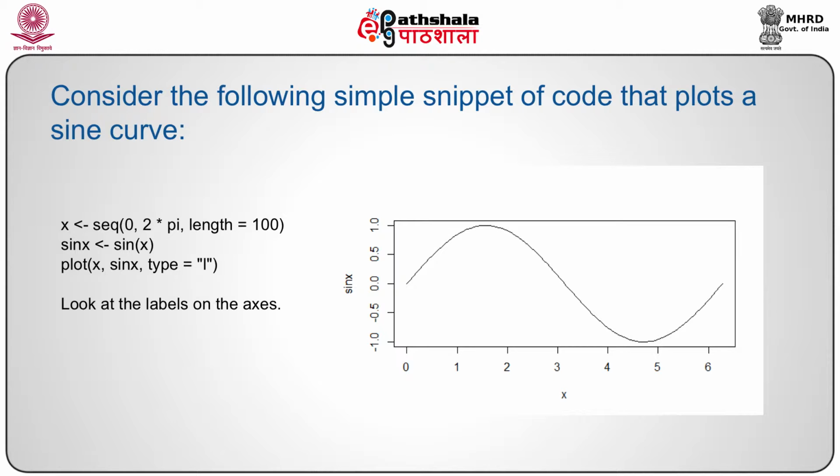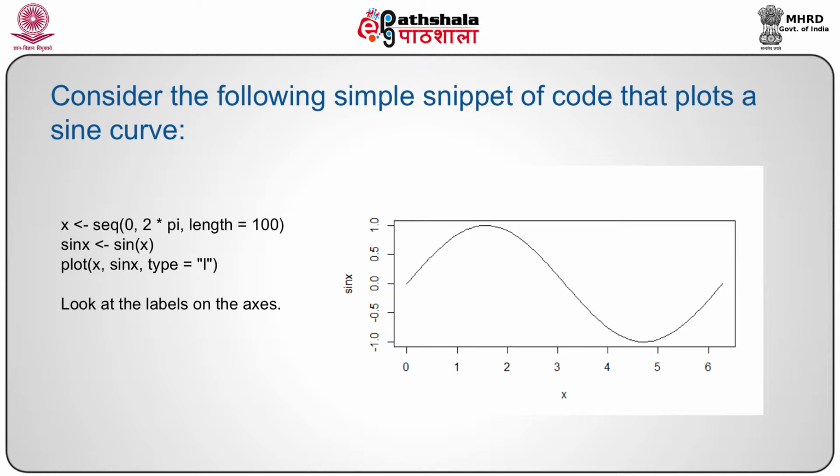Next, when we plot these sine x values corresponding to x, we get this plot. The plot is displayed here. x contains the sequence of 0 to 2 pi with length 100, and in the sine x variable, the values corresponding to sine x are stored. Now with the plot function, we finally have the plot of x versus sine x.